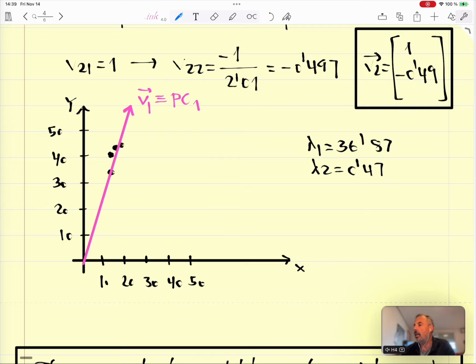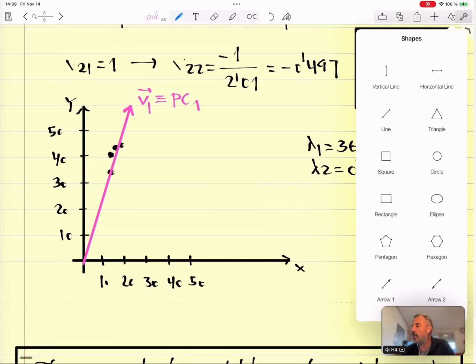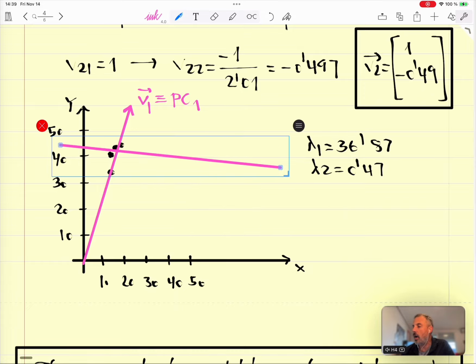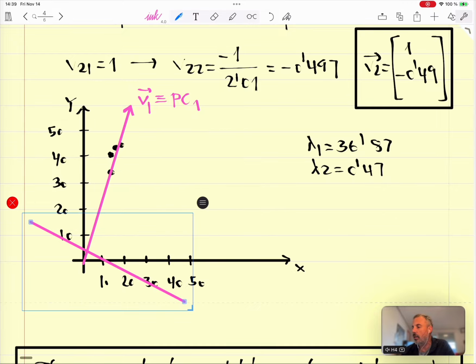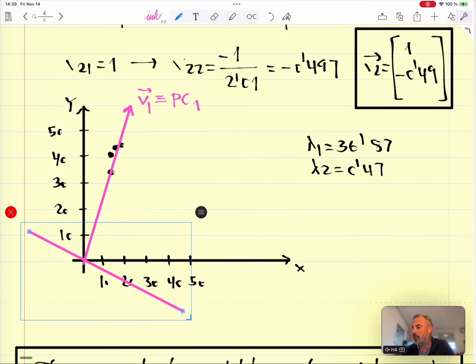The second eigenvector is 1 minus 0.49, and guess what? This is just perpendicular. It moves like that, perpendicular, and this eigenvector does not explain as much by far.